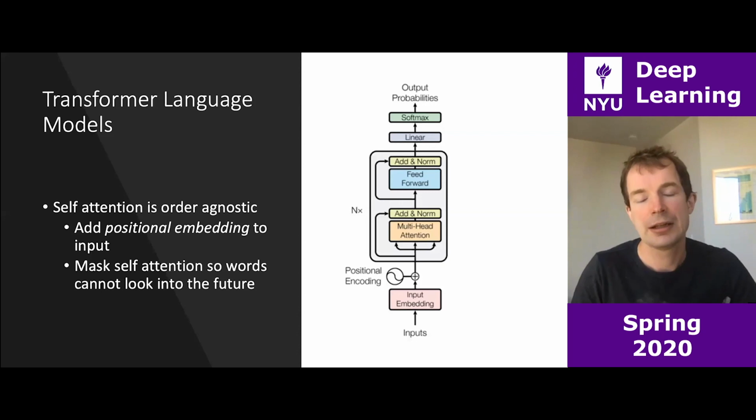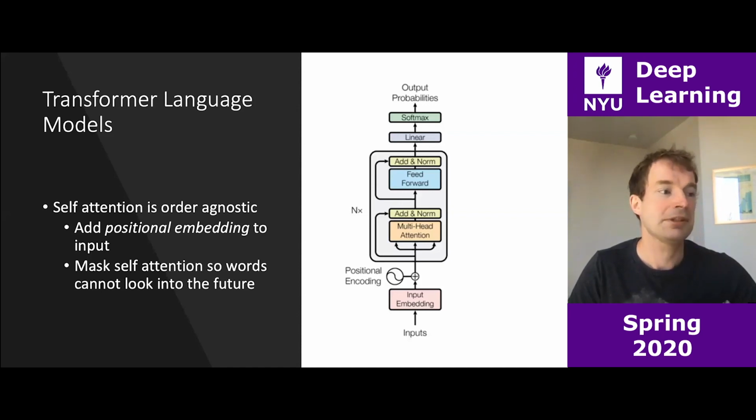But in language, there are some properties which are useful. For example, there's an ordering to words, which is really important to how you interpret them, and this model doesn't actually know anything about that. That's in contrast to the convolutional models and the recurrent models I showed you earlier, which both have different ways of encoding the order of text.